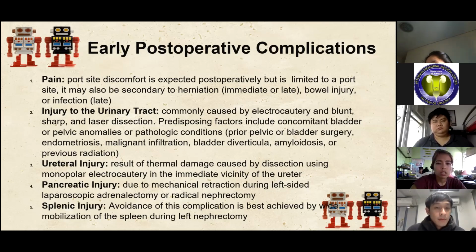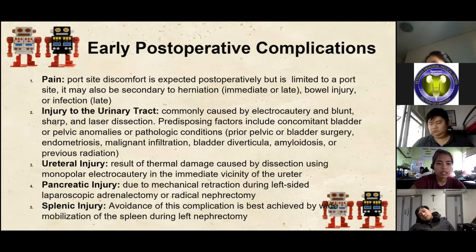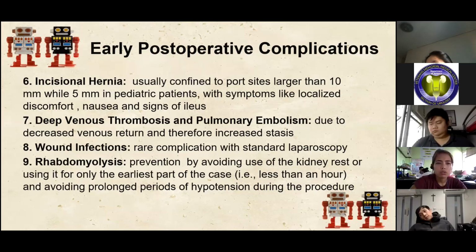Pancreatic injury due to the mechanical retraction during left-sided procedures, while 5 millimeter port sites in pediatric patients with symptoms of localized discomfort, nausea, and signs of illness could also have venous thrombosis and pulmonary embolism due to decreased venous return and therefore increased stasis.